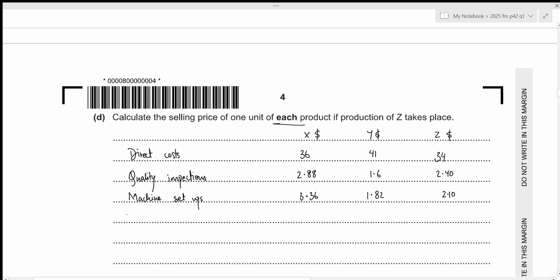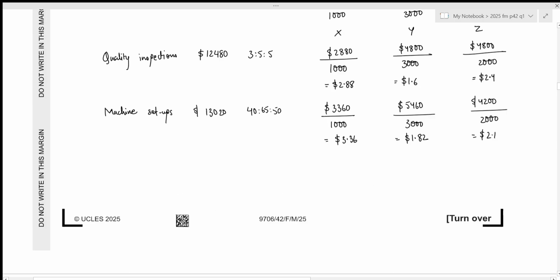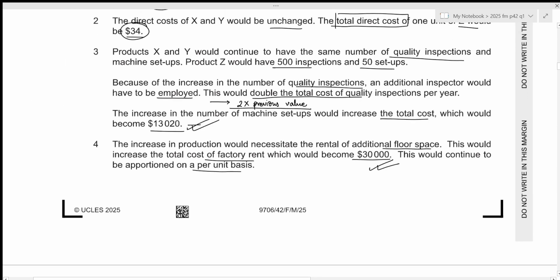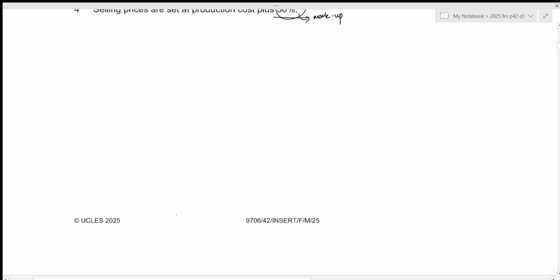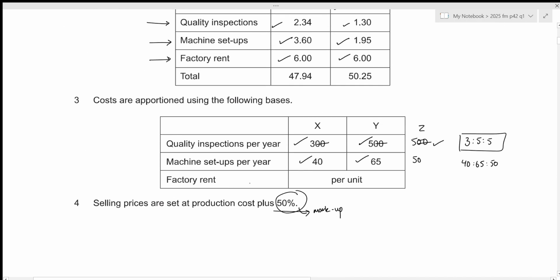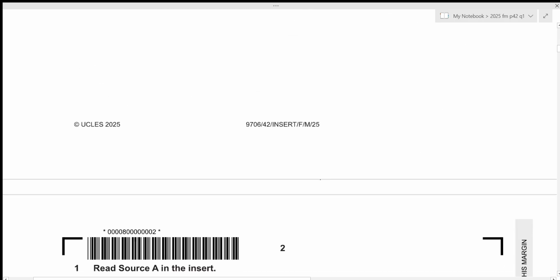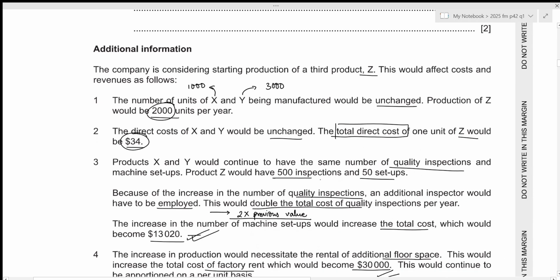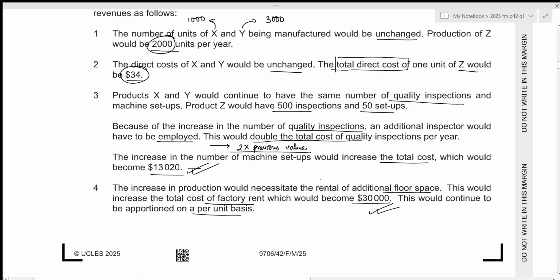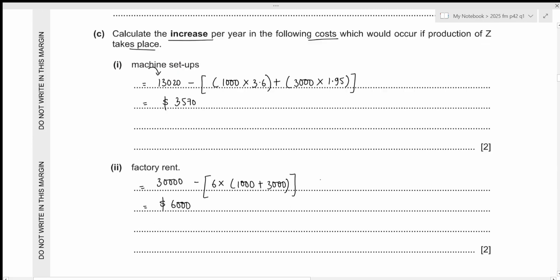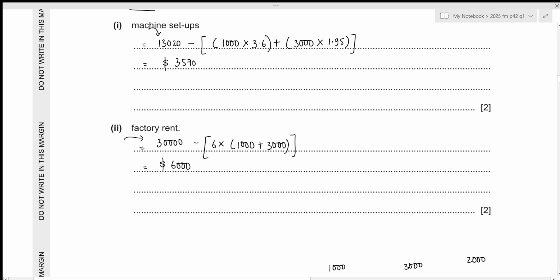Now we have factory rent as well. And in this case, the factory rent is to be divided per unit, and we want the per unit value, so we can easily get the value that we need. And in this case, the value for all three products will be the same because we are dividing it based on the number of units. Now let's take a look at the total factory rent, which is 30,000.